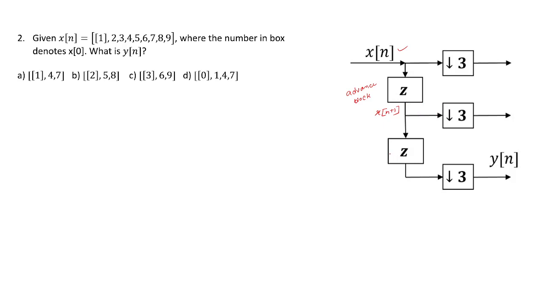Then you pass it to another advance operator and you get x n plus 2, and you feed this advanced version of x n, which is advanced by 2 units, to this downsampler block to get y n. So the question is, what is y n? What should be your output sequence?